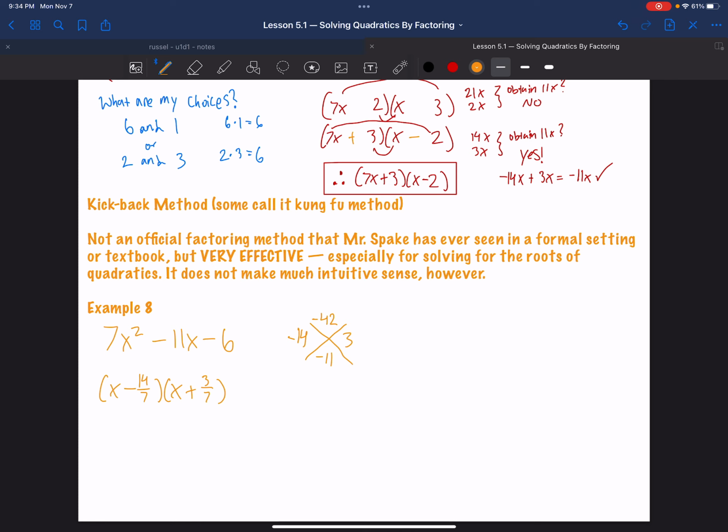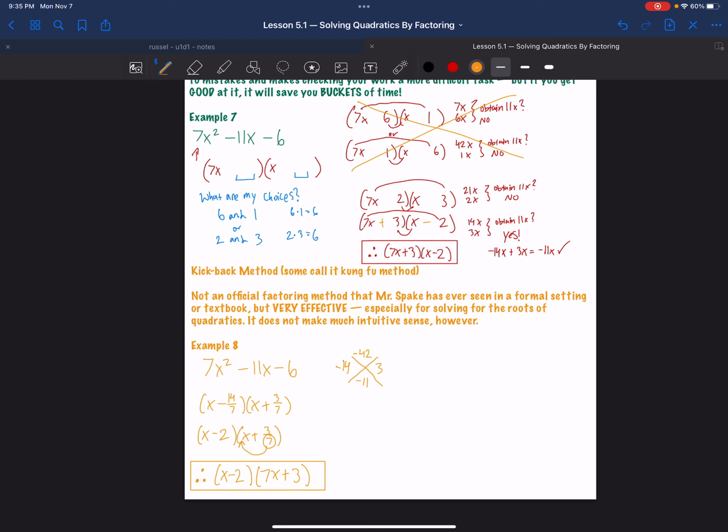And when you do this, if it's divisible, you get x minus 2, because 14 over 7 is 2, times x plus 3 sevenths. But that's not proper factored form, so you take the 7 and kick it back to the front. So this factors now, therefore, as x minus 2 times 7x plus 3. And that's the kickback method.